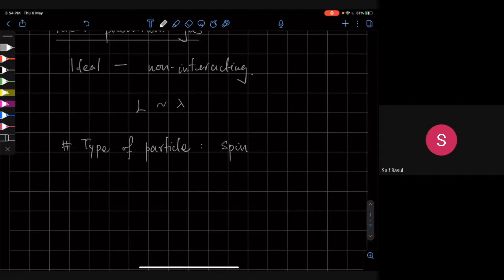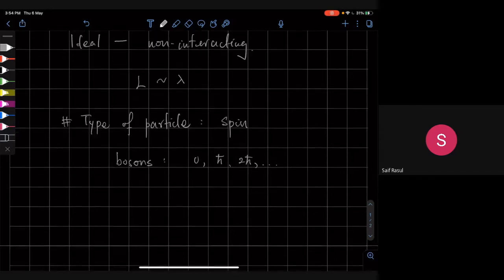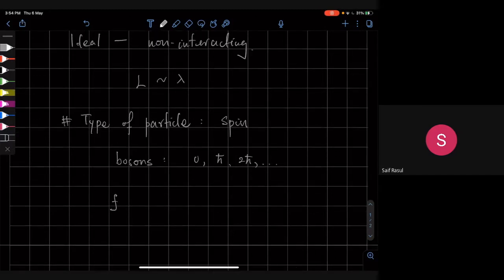According to their spin, there can be two types of particles. Bosons have integer spin. So they can have spin 0, spin h bar, spin 2h bar, and so on and so forth. And then we have fermions.